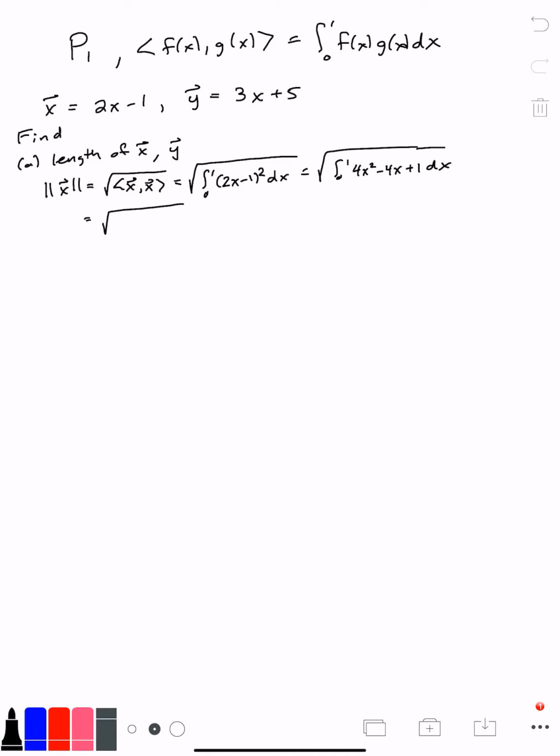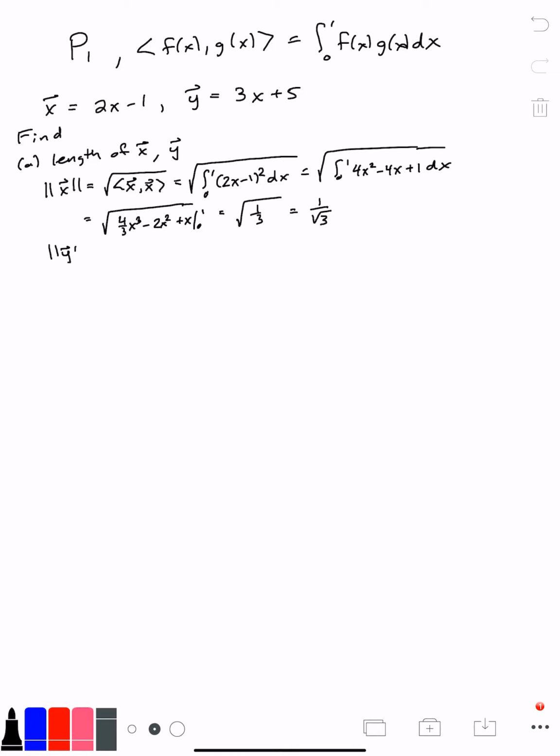Actually, we can work out the integral now. The integral is going to be 4/3 x cubed minus 2x squared plus x from 0 to 1. And let's see here. We plug in 1. We're going to have 4/3 minus 1, which is 1/3. So that means we have 1 over root 3. That's the length of x.